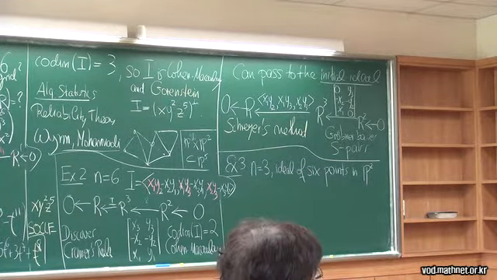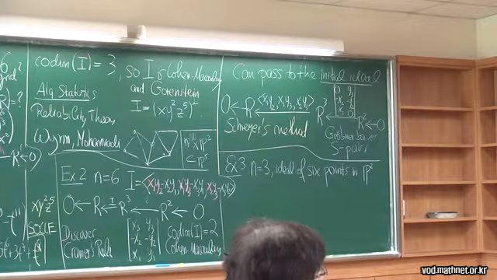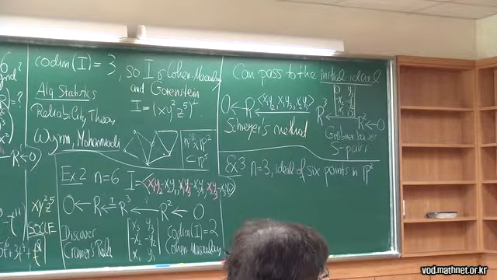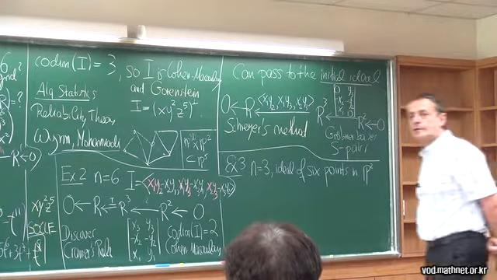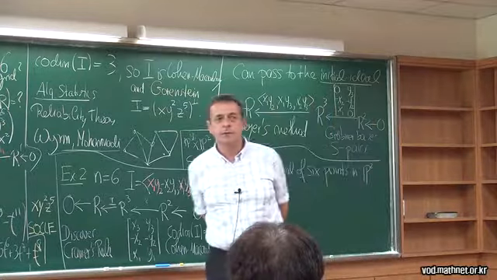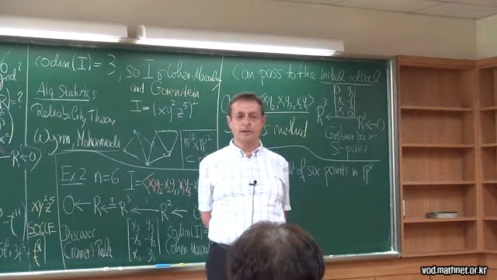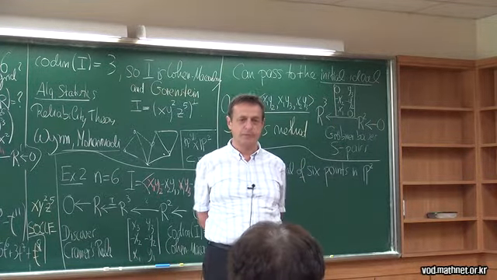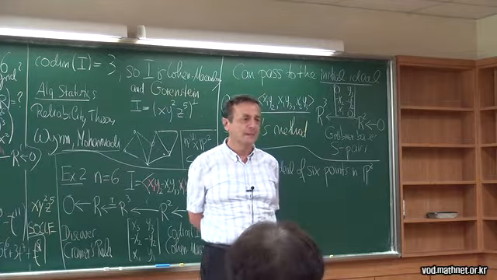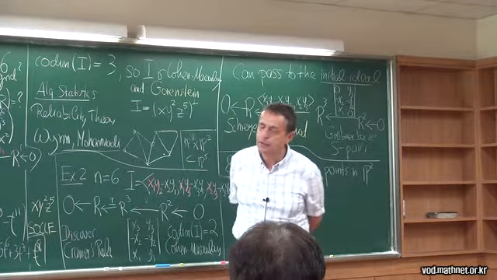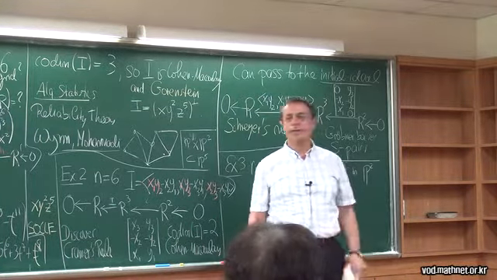So this is 1, 0, 0, 1, 2, 2, 1, 2, 1, 1, 3, 1, 1, 1, 0, and 1, 0, 2. Okay, so these are my 6 points in the plane, and my 6 points do not lie on a conic. Right? If I were unlucky, 6 points could lie on a conic, but my 6 points do not lie on a conic.